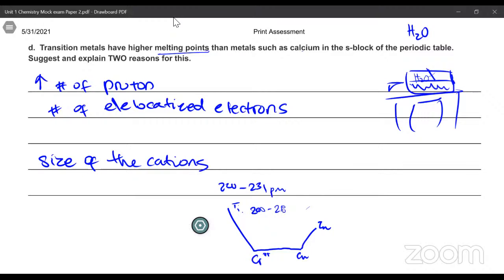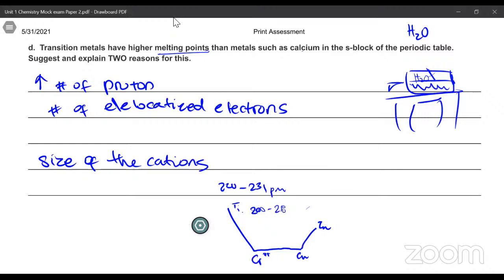Titanium is one of the first transition elements, and going across the period the atomic radii decrease, so all of them would be smaller than calcium. Thus, the smaller ions make for stronger metallic bonds. Those are the two reasons you can give to get your marks. So all good, I guess that's it.